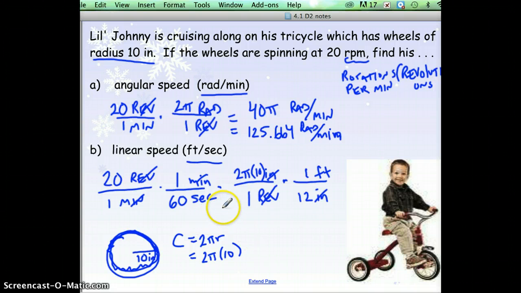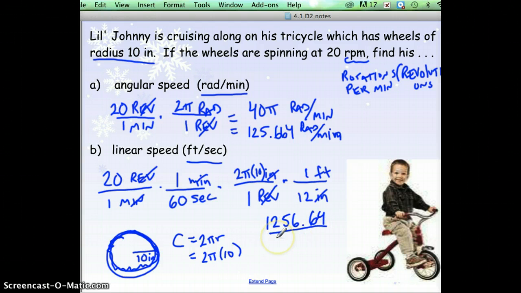So on the top, we've got 20 times 2 times 10 times pi, which is 1256.64.